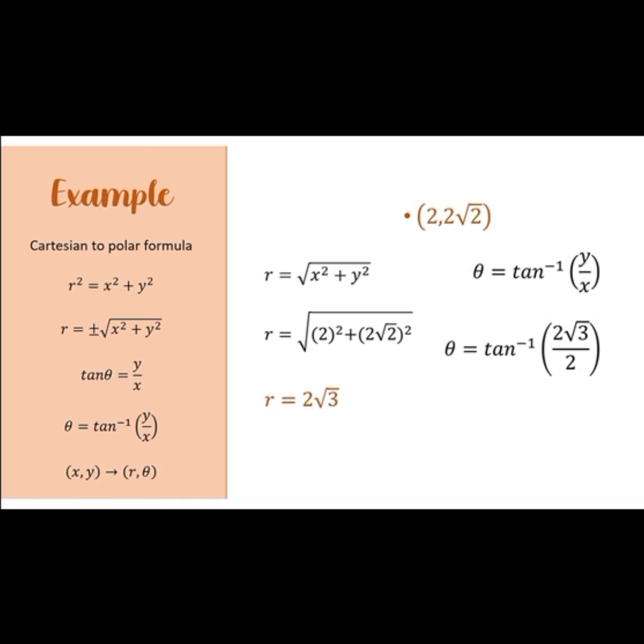Theta is equal to tangent to the minus 1 of y divided by x. Theta is equal to tangent to the minus 1 of 2 square root 3 divided by 2. The result is 60. Finally, the result is 2 square root 3 and 60 degrees.